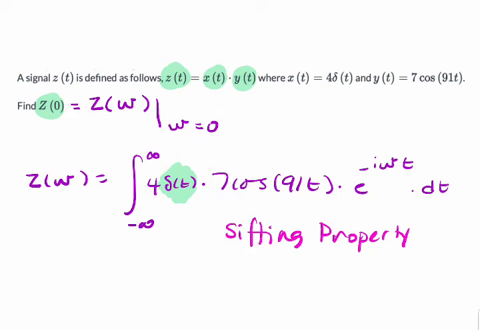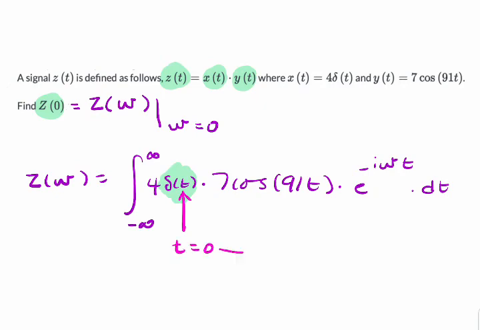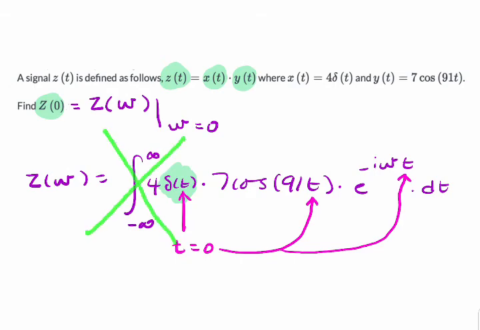So that sifting property says that we can find the value of t that makes the impulse non-zero, so that will be 0, and then we can substitute that into there and into there, and then that allows us to find the answer without calculating the integration.